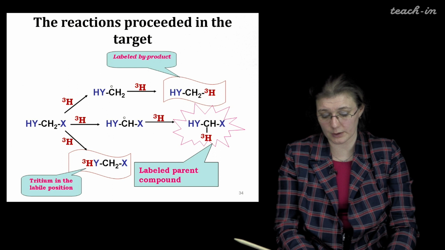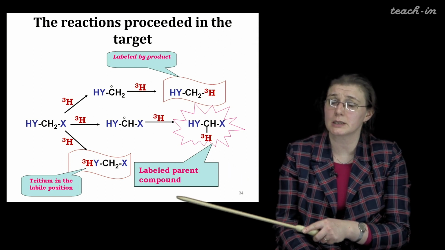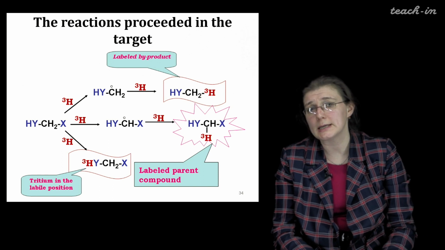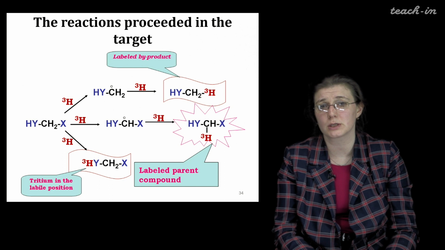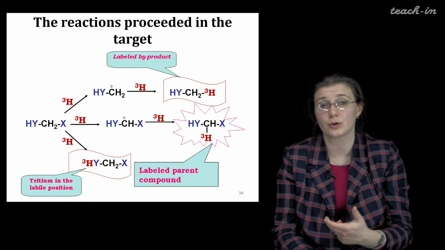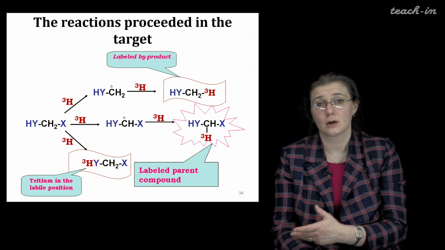The reaction that I have written here and shown you before is very simple: just subject the organic molecule to the interaction with atomic tritium.